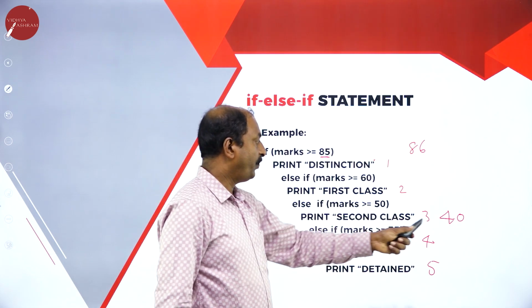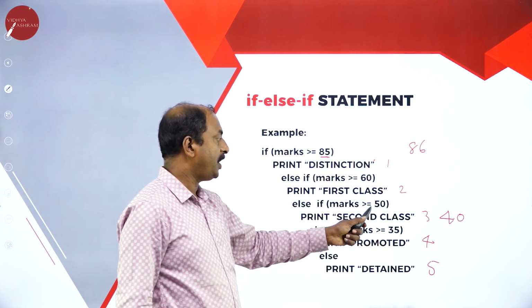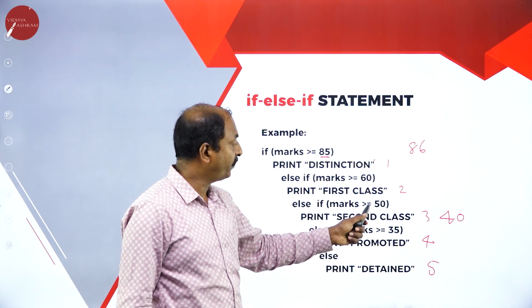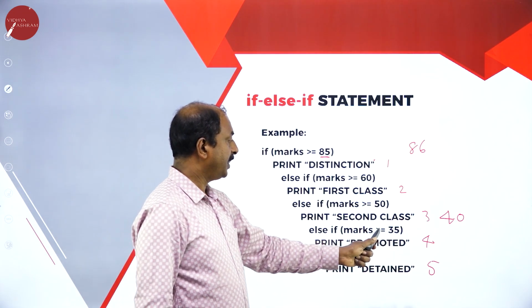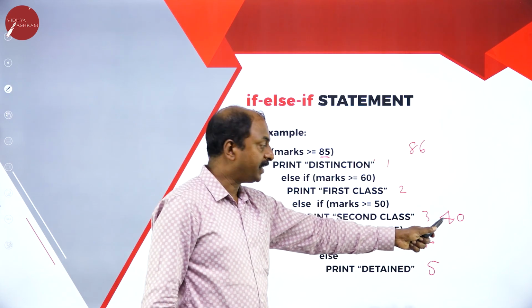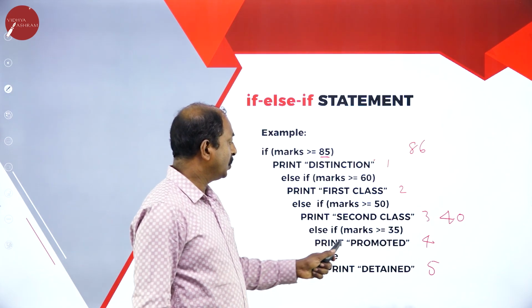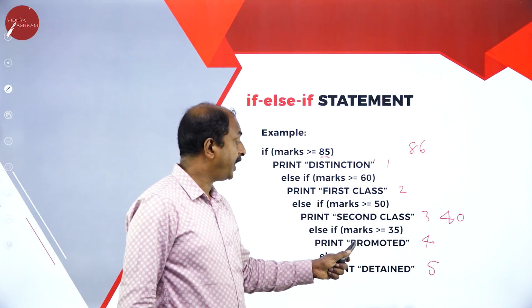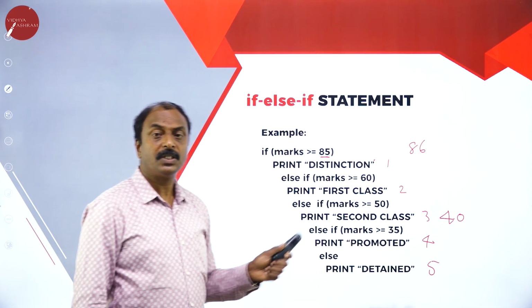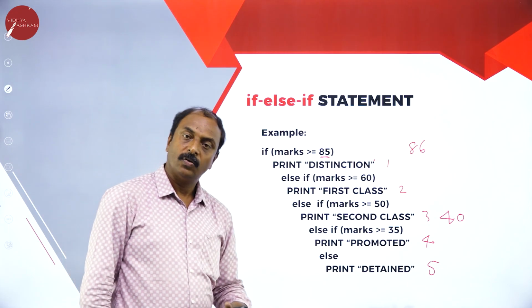Next one is 50. Is 40 greater than 50? No, again the condition fails here. Then it comes to the next condition. Is it greater than 35? Yes, 40 is greater than 35. So you'll get the result as promoted. So this is how this statement works.